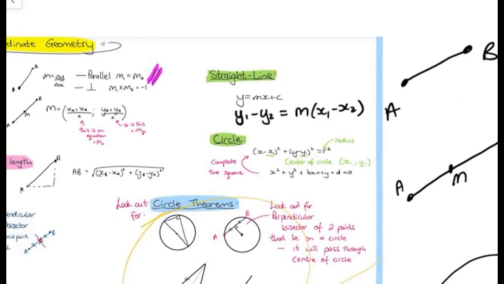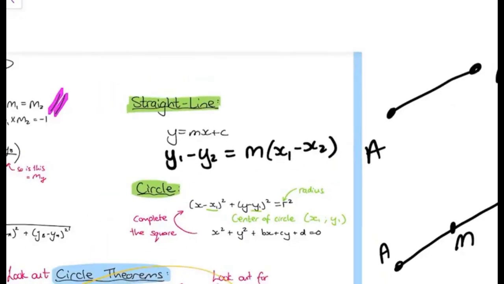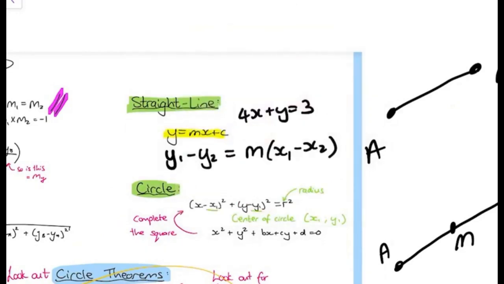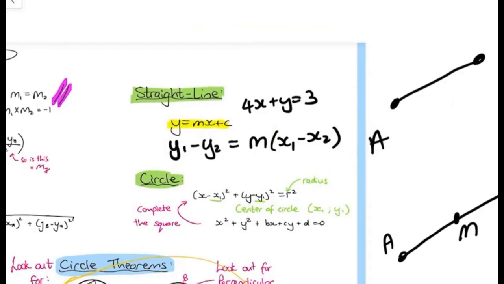And then another thing that you just need to look out for is sometimes they can just change the order of the function. So they'll have like 4x plus y is equal to 3. You just need to put it into a different format. So put it into this format to understand the different components. In this equation, my m is the gradient of the line, and then my c is my y-intercept.